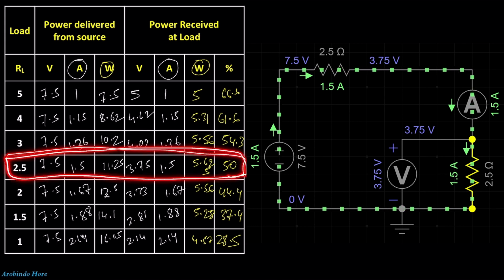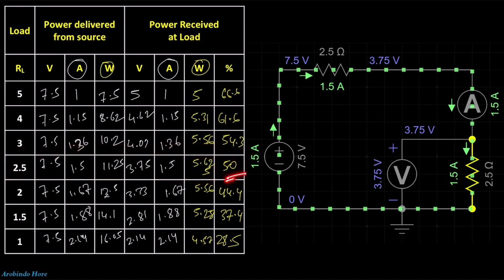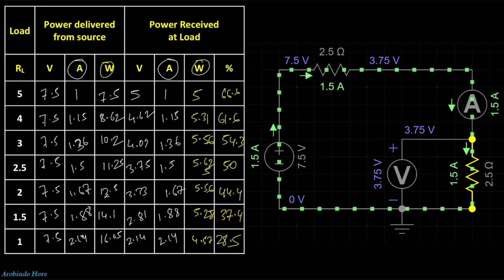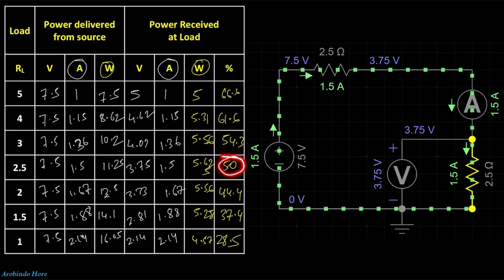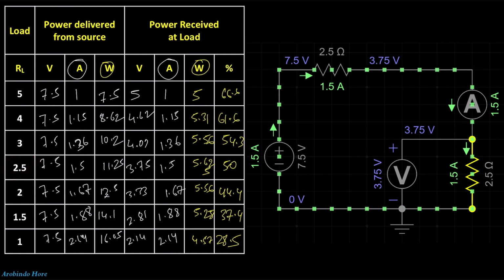And at that time the percentage of power received at the load is 50%. That means when maximum power transfer happens, the power transfer from source to load is 50%, and the load resistance is the same as the equivalent source resistance or Thevenin resistance.